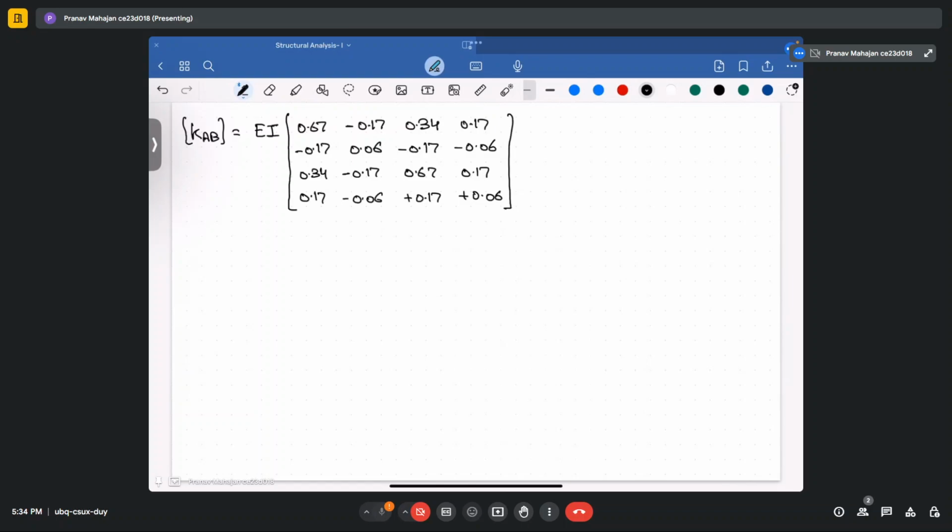So this is the stiffness matrix for element AB that we have observed.